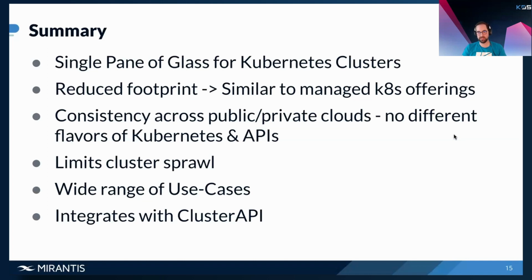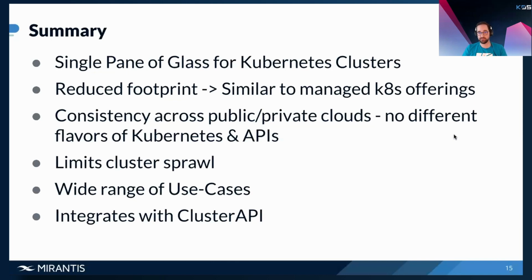k0smotron itself is a controller that can create k0s control planes. It reduces the footprint, as mentioned earlier, so you can have a similar experience as, for example, EKS or AKS. So you don't need to run the control plane within those different public or private clouds.